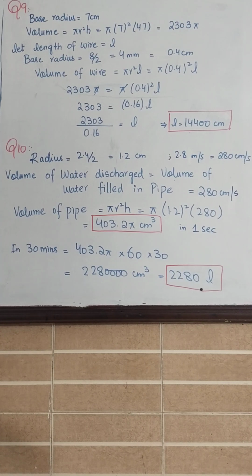Next, to find out for the whole 30 minutes, you have to multiply by 30 and you will get the answer 2280000 centimeter cube. To convert into liter, you will get 2280 liter. So this is the volume of water which will discharge.